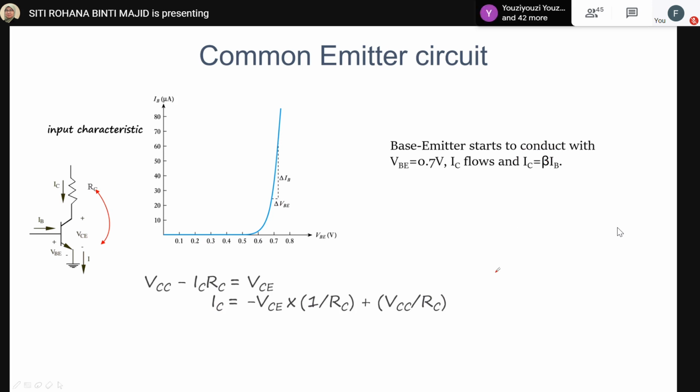If we don't know how to calculate IB, then we should use this equation, because this equation is very useful. Instead of calculating the value using a numerical method, you can also use this equation to calculate the value using a graph, which we call a load line.